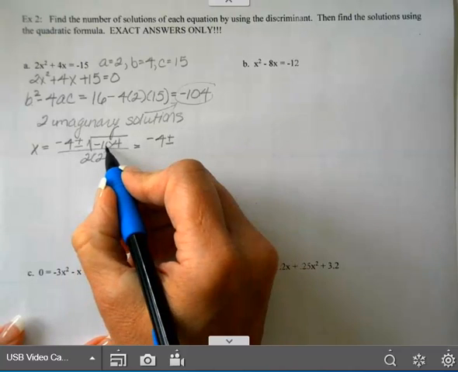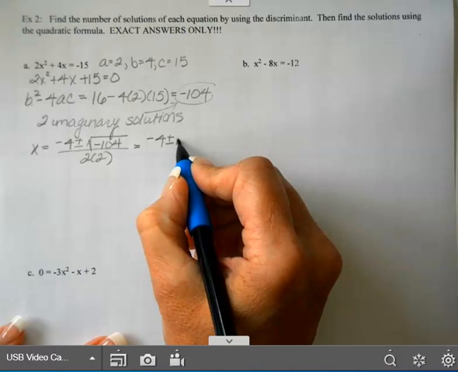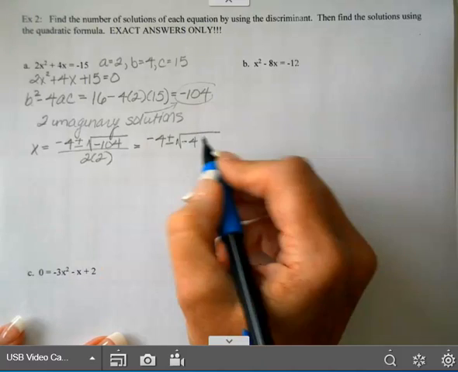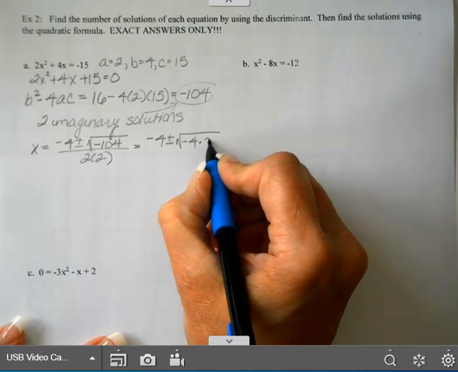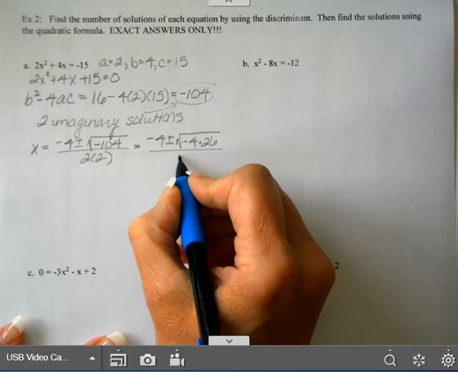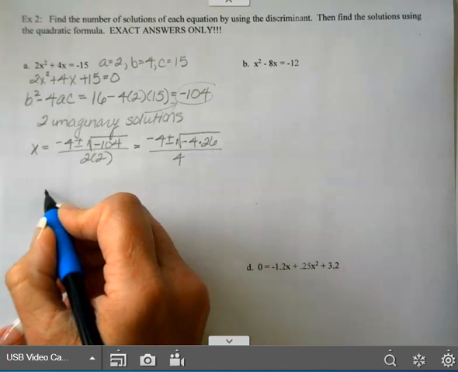The perfect square that goes into negative 104 is going to be 4, so this will be negative 4 times 26, and there are no perfect squares that go into 26, and 2 times 2 is 4.